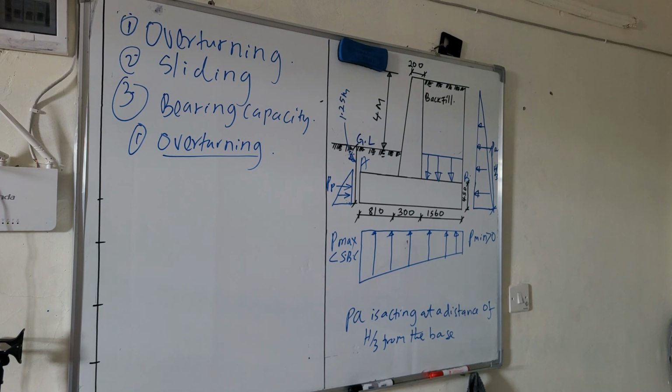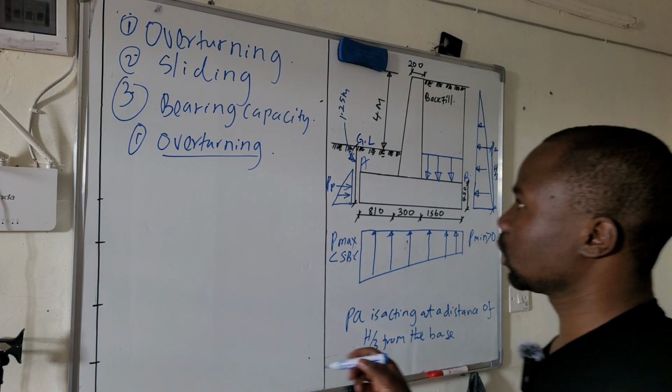So for overturning, we'll check the factor of safety.